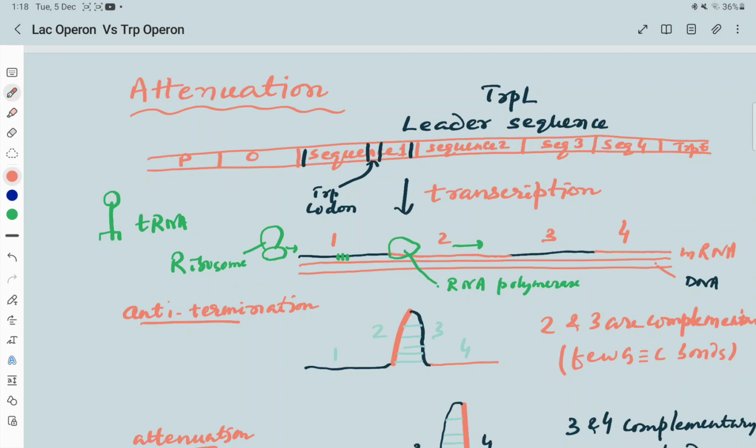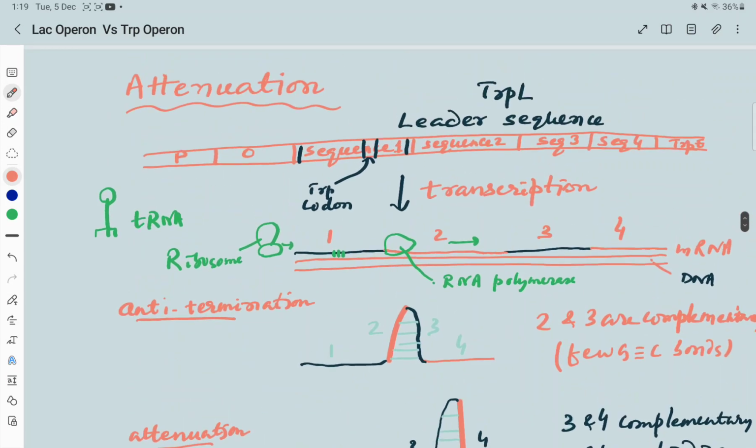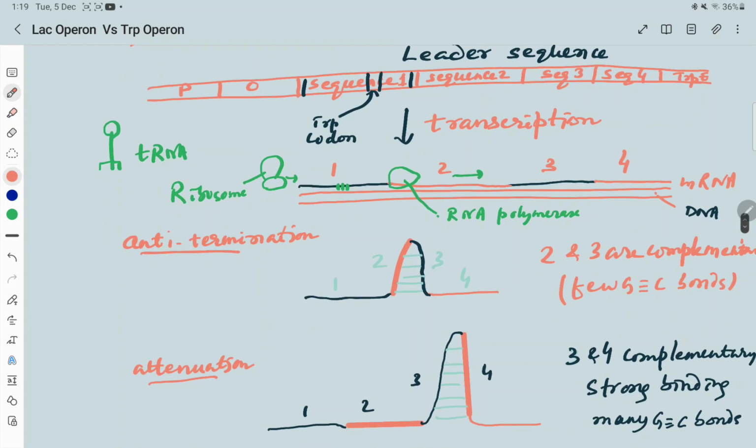So when there is low tryptophan, the tRNA with tryptophan will also be low, and accordingly it can affect. So let us see. Before that, in these 4 sequences, 3 can pair with 2 as well as 4.